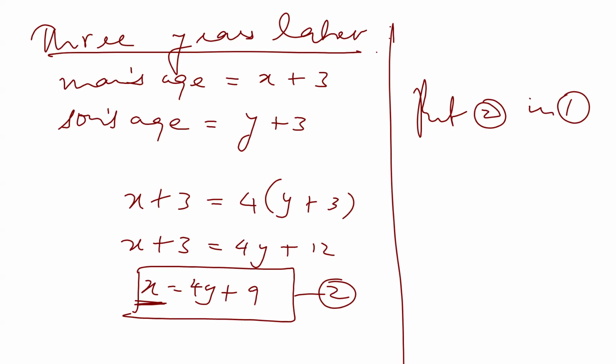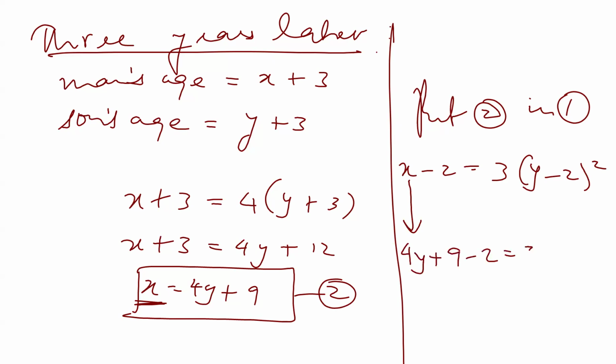I'll just write equation number 1 once again: x minus 2 equals 3 into y minus 2 the whole square. Now x you put as 4y plus 9.